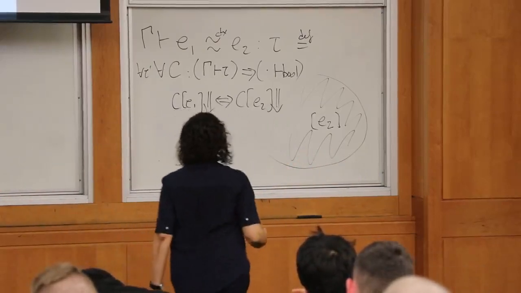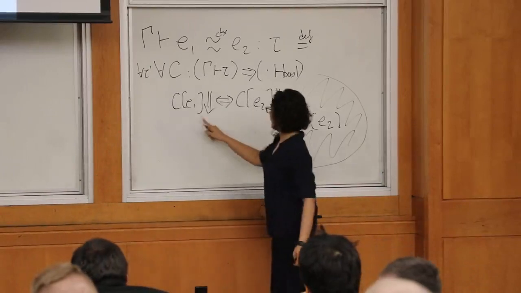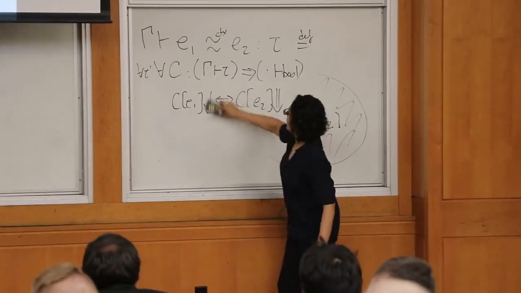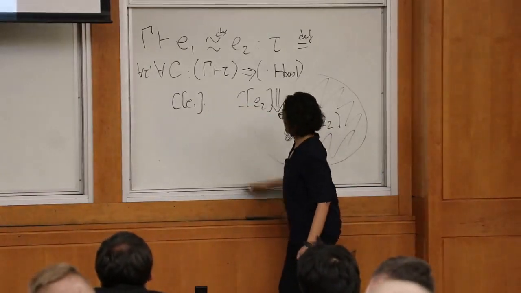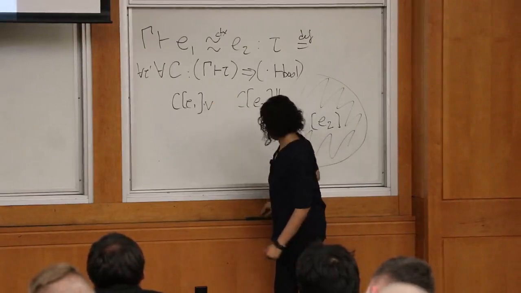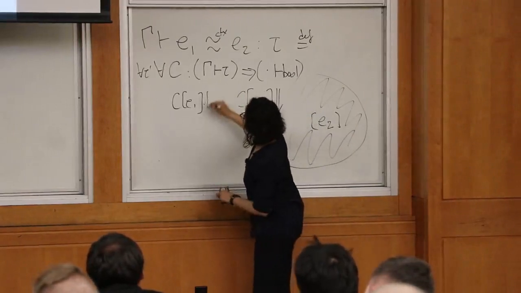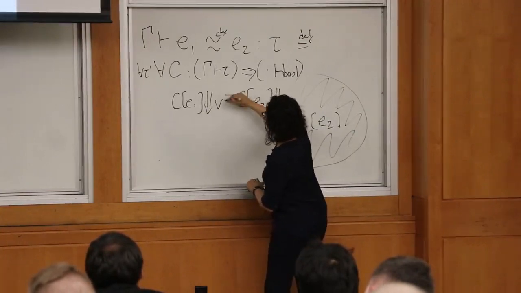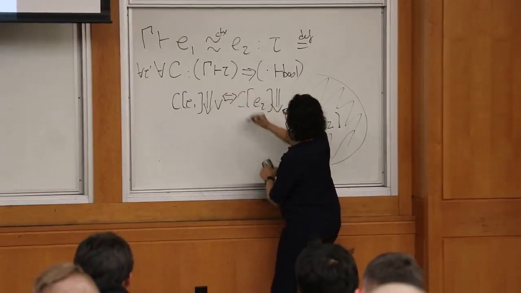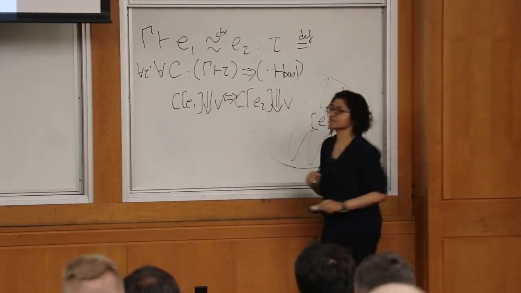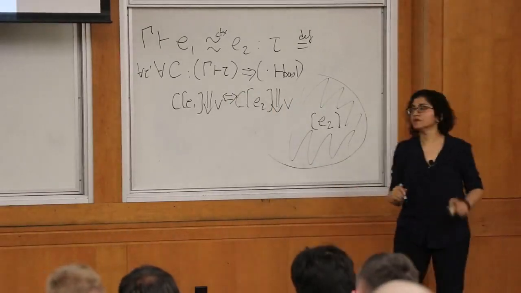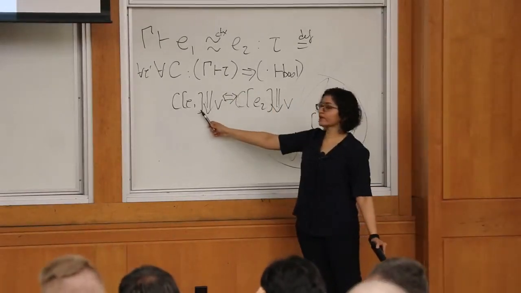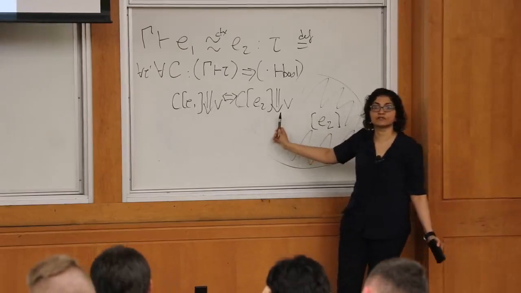okay? If I stick E1 into the hole, I get the same value. This evaluates to V if and only if C with E2 evaluates to the same V. Okay? So if you run the program with E1, you get a true, then you get a true with the other component.